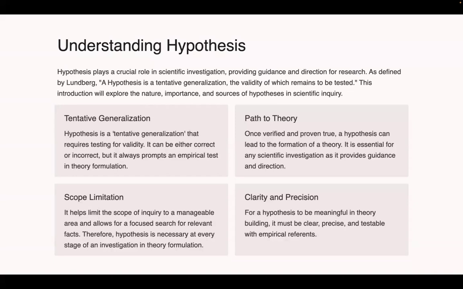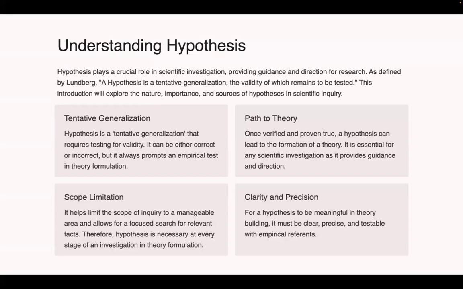Now, we will try to break down hypothesis more and go a bit deeper into it. As it is said, we do not know while we formulate a hypothesis whether it is correct or incorrect. That is the first thing. The second, the hypothesis will decide your path to formation of theory: how you will conduct a particular research, which data is relevant, which data is irrelevant.